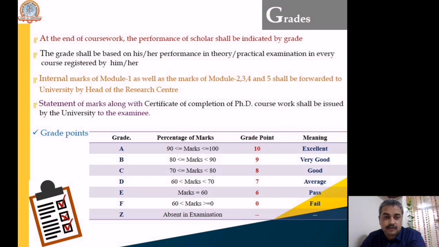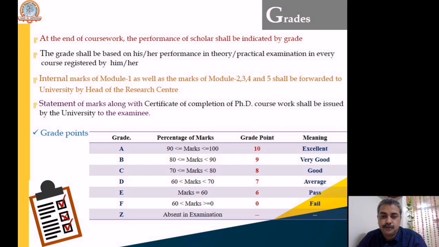The internal marks of the module as well as the marks of modules 2, 3, 4 shall be forwarded to the university by the research center, and the statement of marks along with the certificate of completion of PhD coursework shall be issued by the university, with a 10-point gradation depending upon the performance of the research scholar: excellent, very good, good.